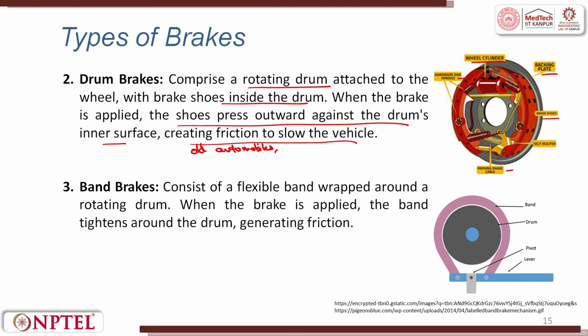Recent or the modern automobiles use the disc brake, the older automobiles used to use the drum brakes. Trucks still use drum brakes only, and some other industrial belt or conveyor systems may also use them. But this is generally used because of its cost effectiveness, and it provides a strong braking force.